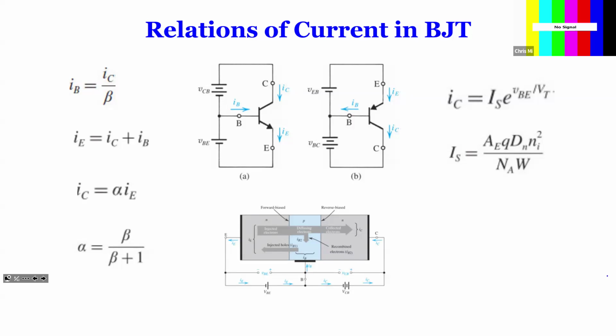Now, how do you calculate IC? That's what this equation over here gives you: IS times e to the power VBE over VT. That equation is exactly what we got for diodes before. Then IS can be calculated based on the semiconductor property, which equals a bunch of parameters.